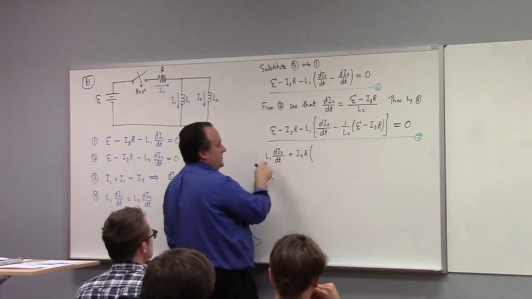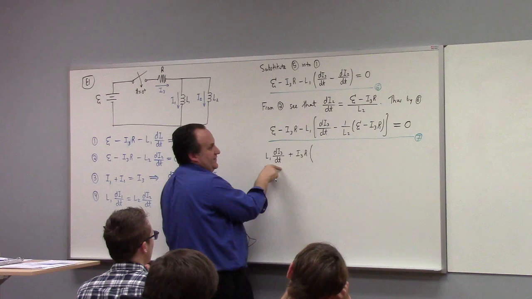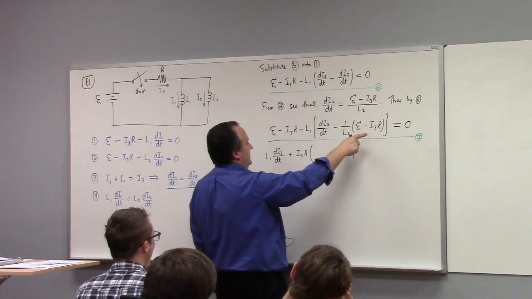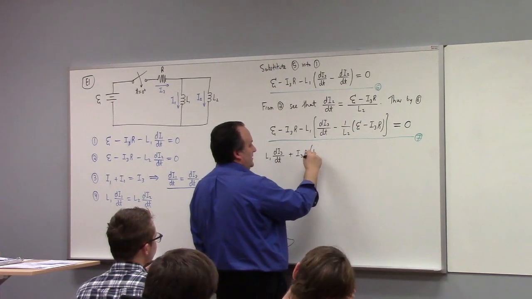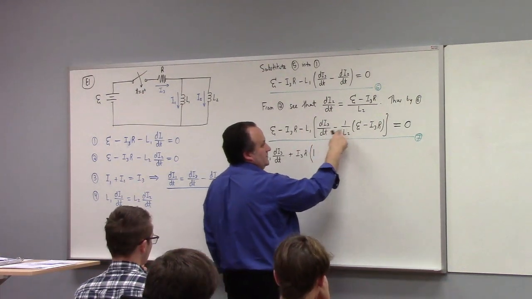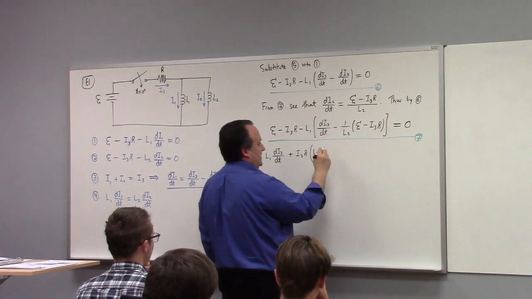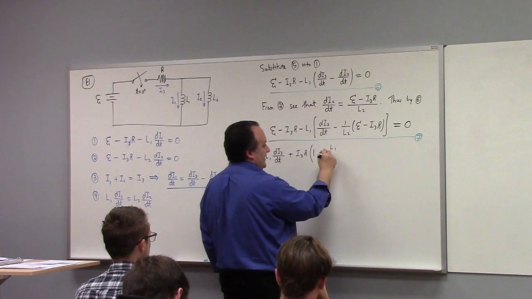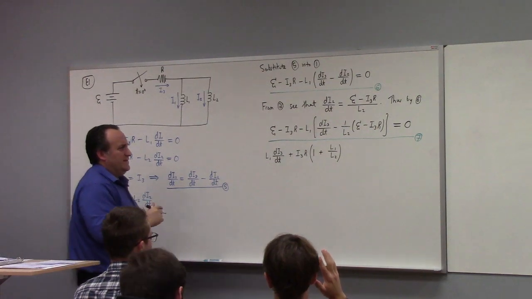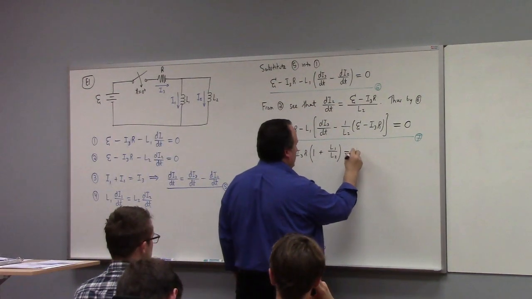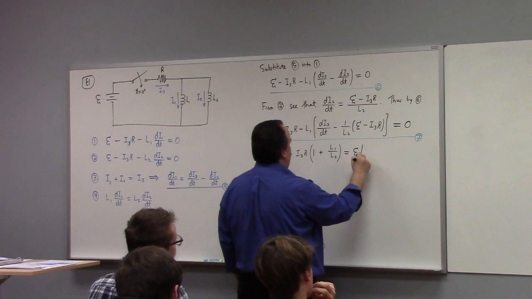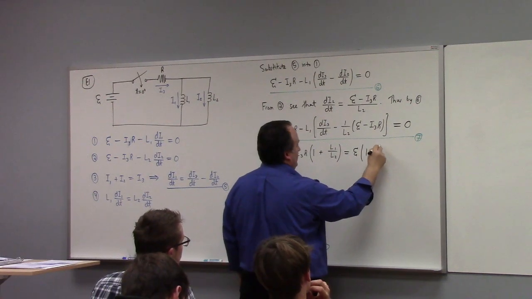So I got a plus on the L1 di3/dt term. The other terms that have I3R, it's going to give me a 1, and then notice there's 3 minuses, 1, 2, 3, so it becomes a plus on the other side, plus L1 divided by L2. That's all my I3 terms. That's going to be equal to E times 1 plus L1 over L2.